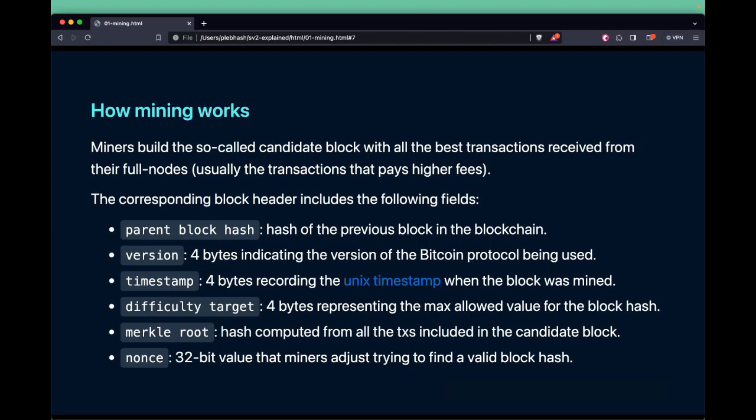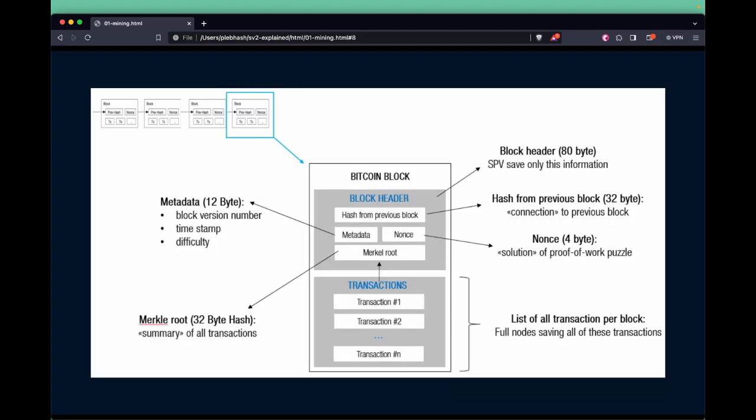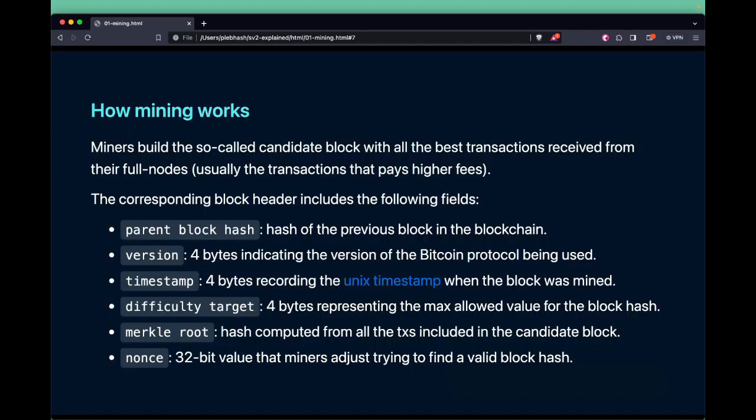That's called the Merkle root, and it's represented inside the header in a very succinct, very small way. You don't have all the information from every single transaction here. That would take a lot of space, and we only have 80 bytes for the block header. So we use the Merkle root here, and that is a unique representation of all the transactions.